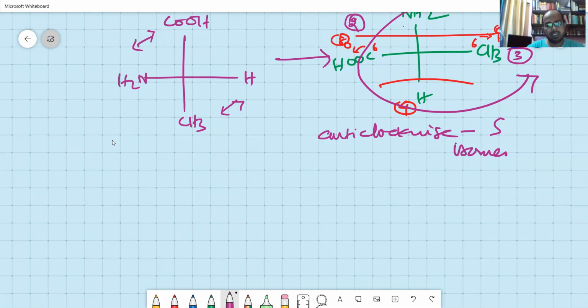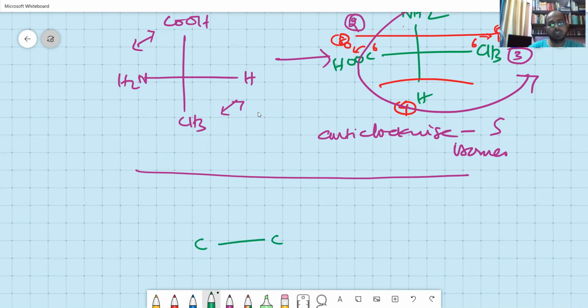Okay, let us try one imaginary example as a last step by writing a symmetrical carbon atom C attached to C double bond C, C attached to C triple bond C, C attached to C double bond O, and then H.